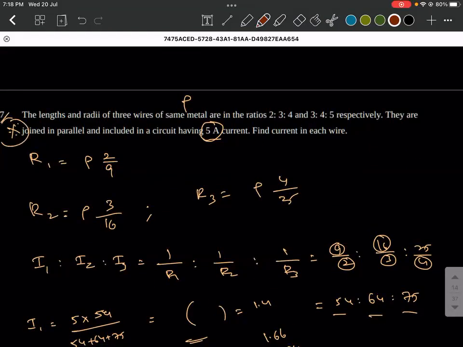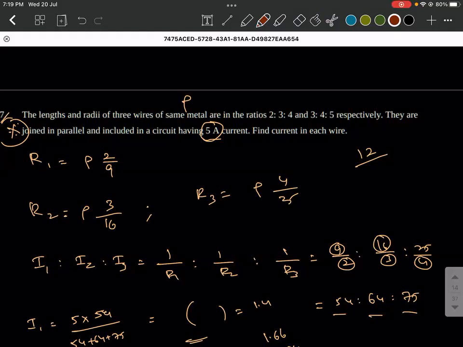So I1 is 5 into 54 in the numerator, divided by 193, which is about 1.4.